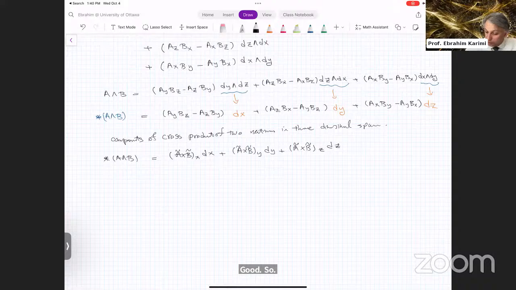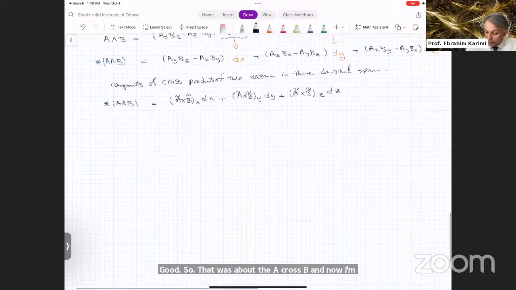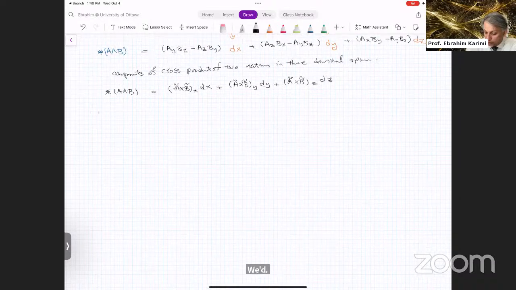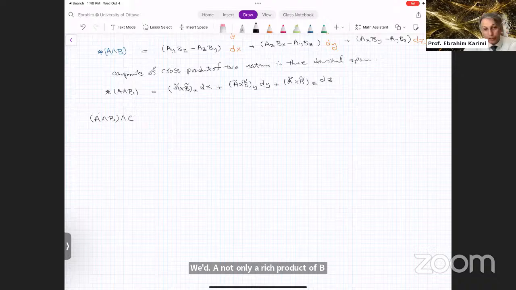And now I'm asking you, what is happening with A, not only A wedge product of B, but also wedge product of C? All of them, A, B, and C, are one forms.